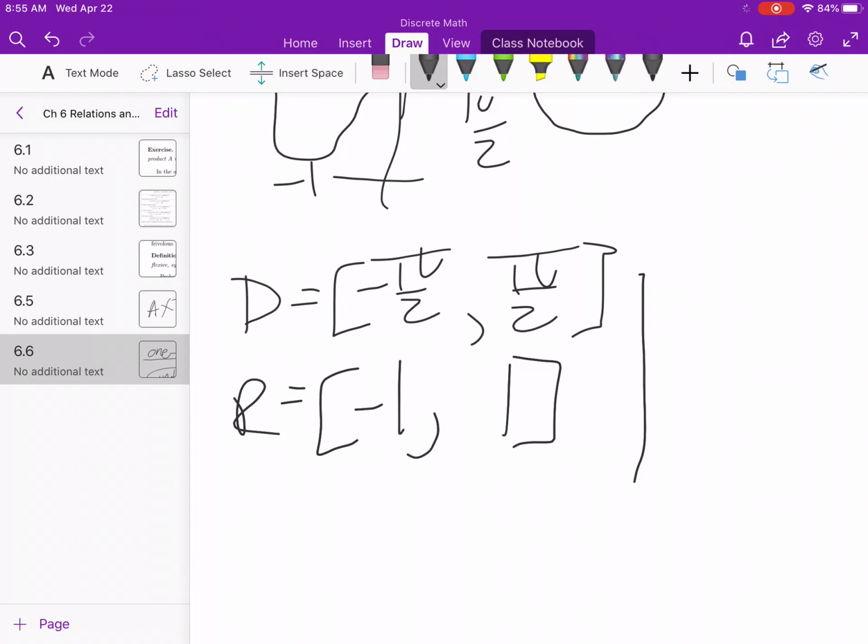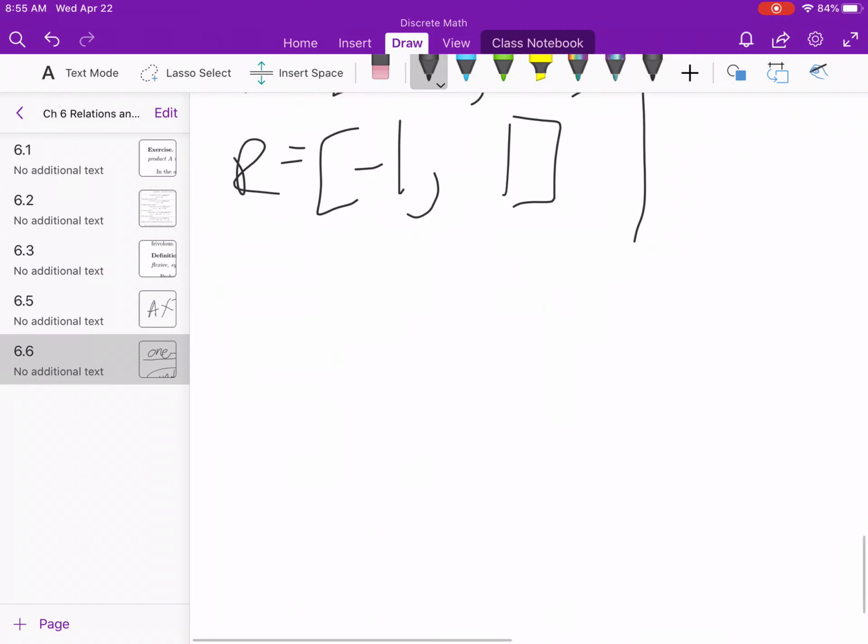So I can define sine, but restrict it to d, my domain. And in this case, I can actually find an inverse, a function g that allows me to map backwards. And that's the sine inverse function.